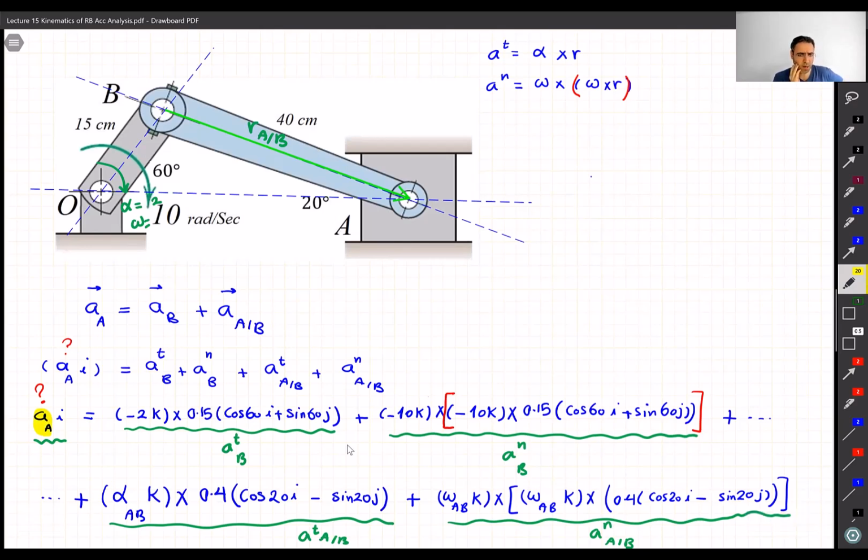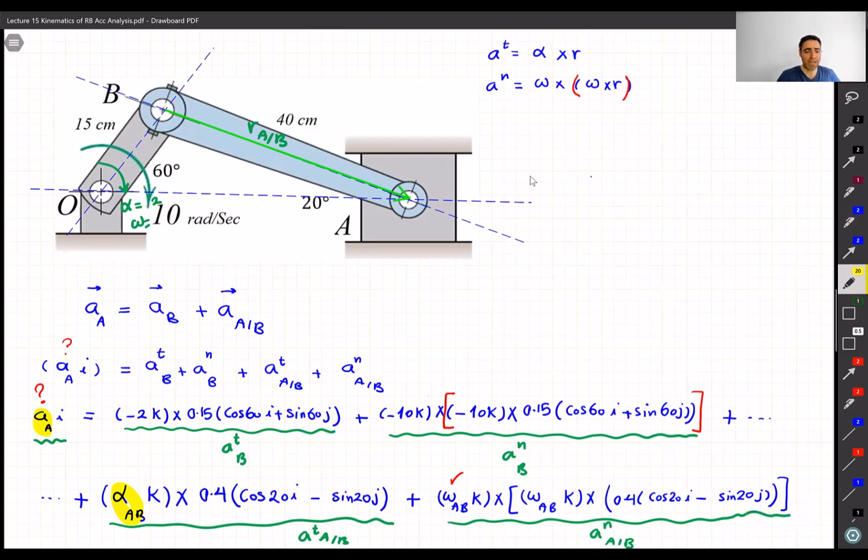What is the other unknown? Can you guys see it? Because I already know omega AB, I found it before. So what is the other unknown? Yeah, that's alpha. This is what we are looking for as well, alpha AB.